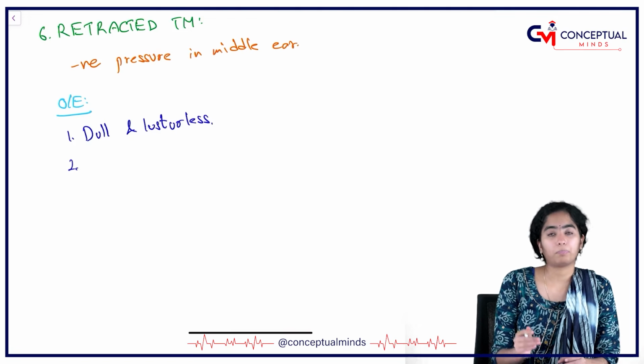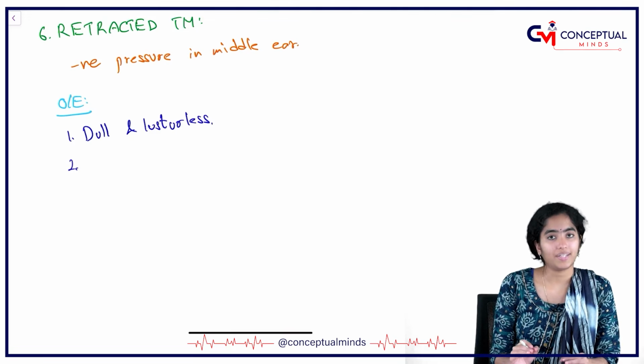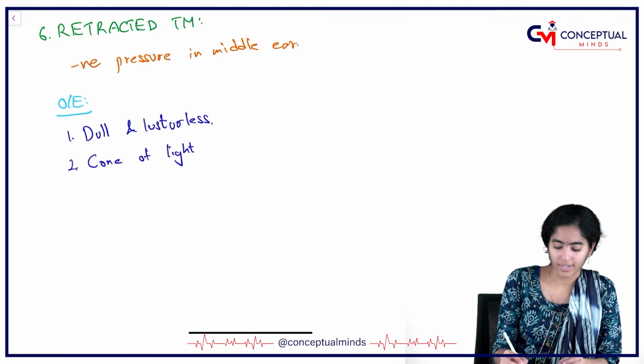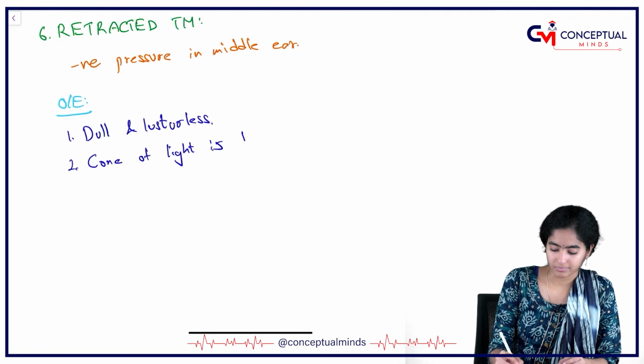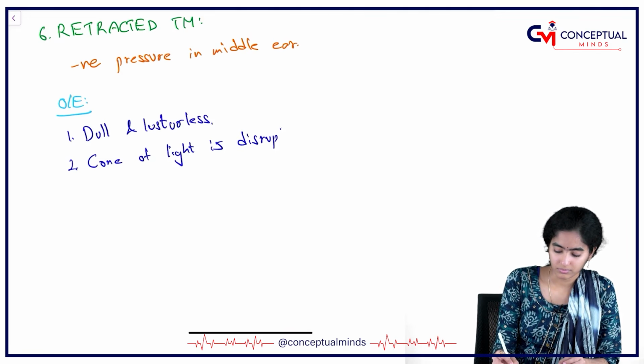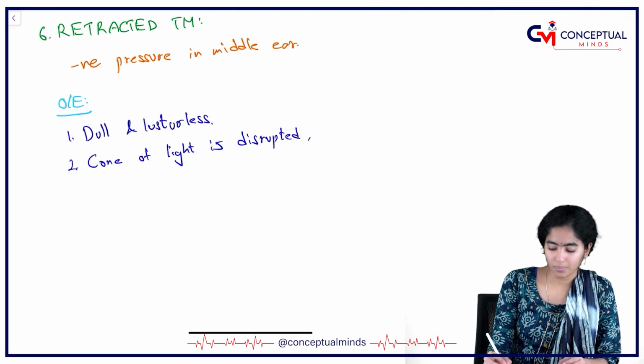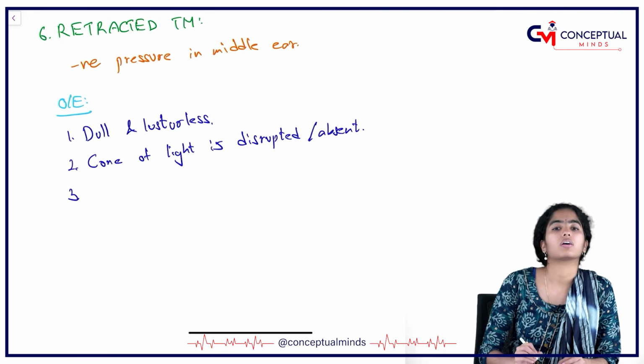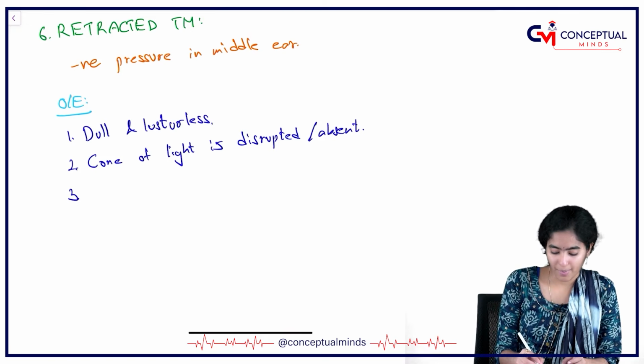Second, a cone of light is normally visible, and here the cone of light gets disrupted. Cone of light is disrupted. And it can also be absent sometimes. The handle of malleus is foreshortened.